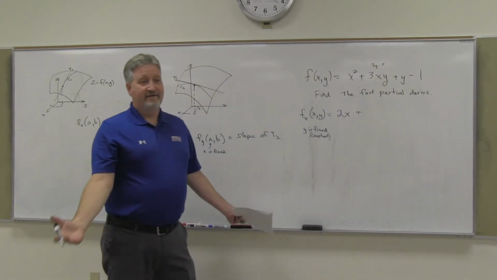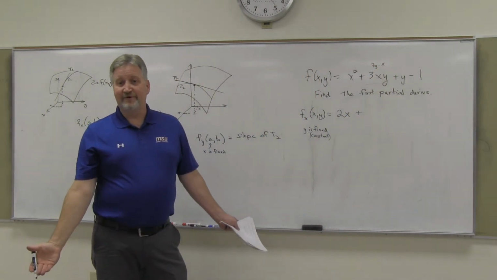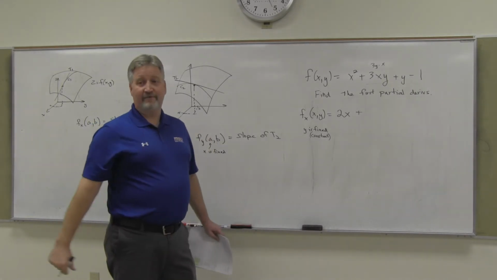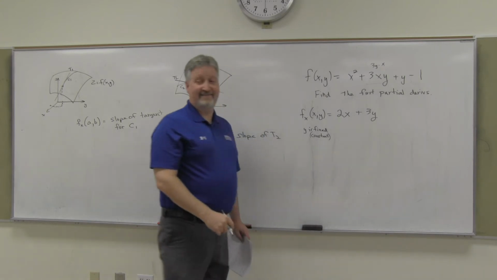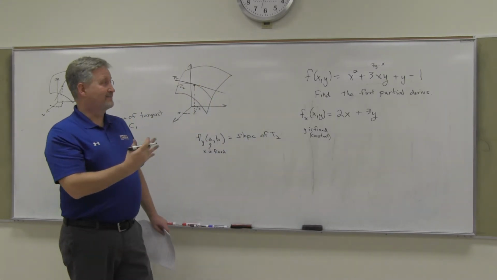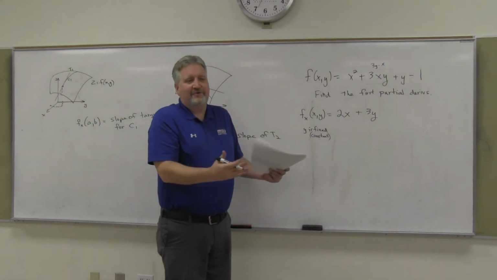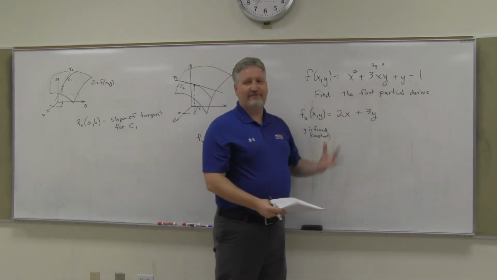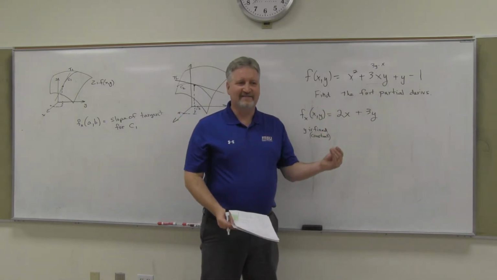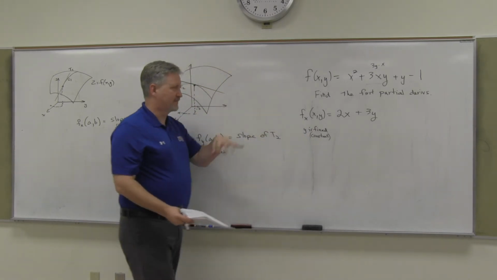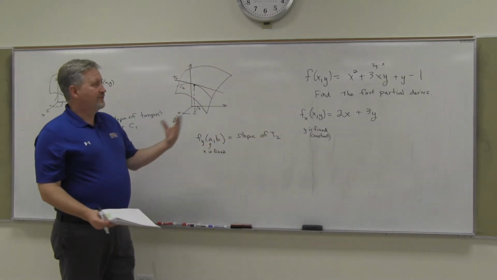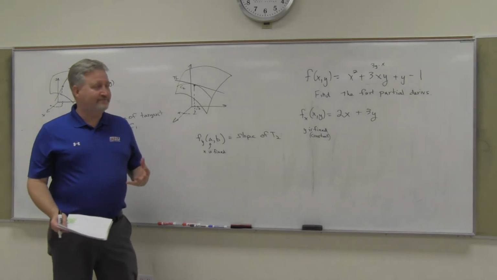The derivative of x is just 1, so I've got 3y times 1. That's 3y. That's pretty nice if one of them's fixed. You could do the product rule there, but y is fixed. The derivative of a constant is 0. So you don't have to use a product rule there.